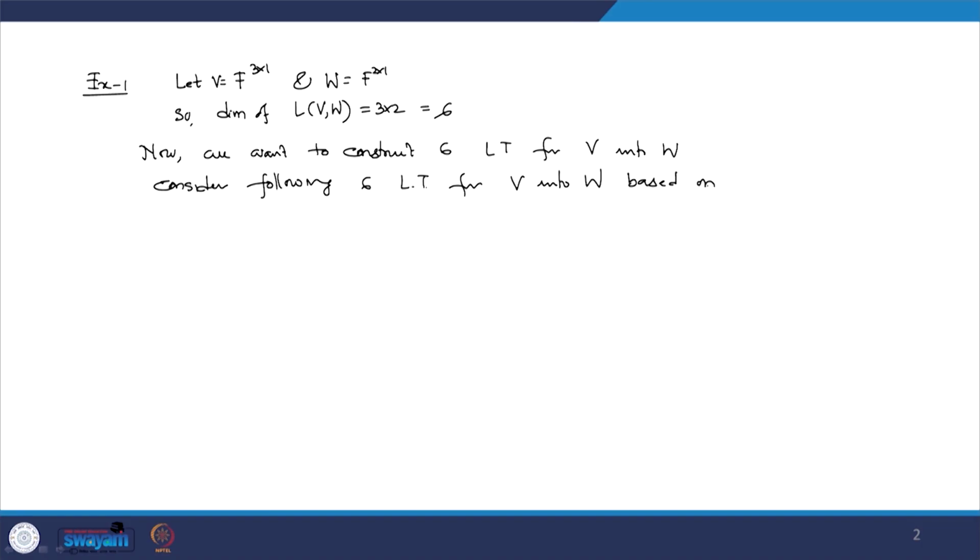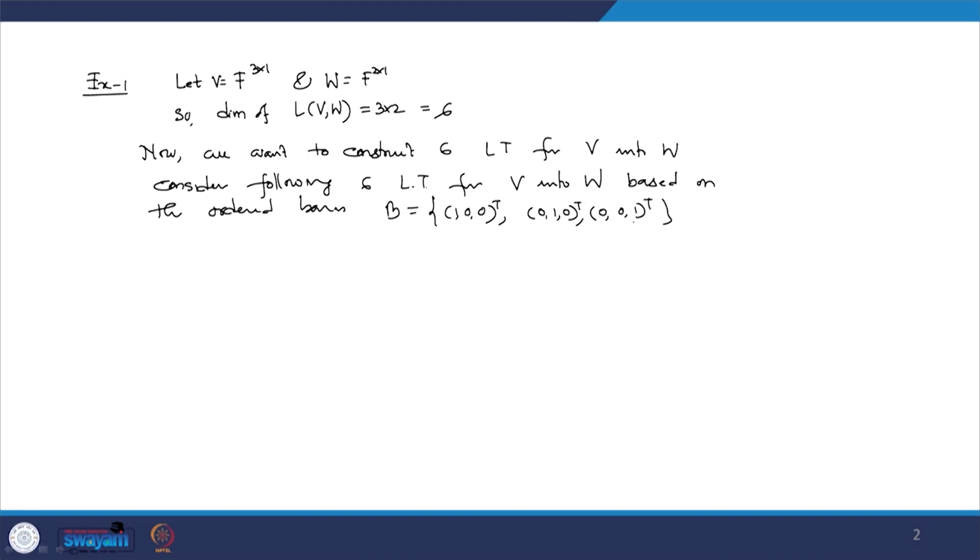based on the ordered bases. B is equal to, let me consider, (1 0 0) transpose, then (0 1 0) transpose, and (0 0 1) transpose.